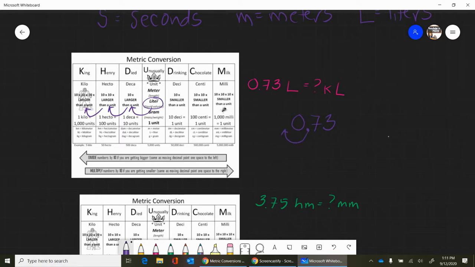I'm going to move it 1, 2, 3 spaces. So my decimal place is now right here. Whatever is an open spot, I put in a 0. So I'm going to rewrite this number as 0.00073, and that is kiloliters.